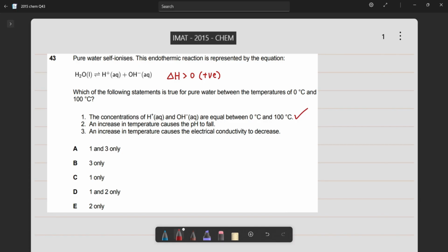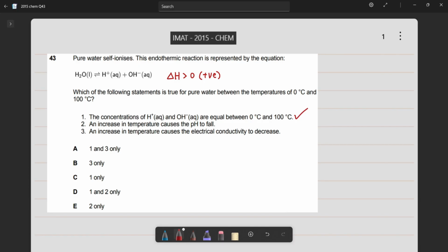If there are no other added solutes, surely the concentrations of H plus and OH minus are going to be equal and produced at equal moles. As it's given here, H₂O gives 1 mole of H plus and 1 mole of OH minus. So their concentrations are also going to be equal because they're produced at equal moles. So yes, this statement is easily true.